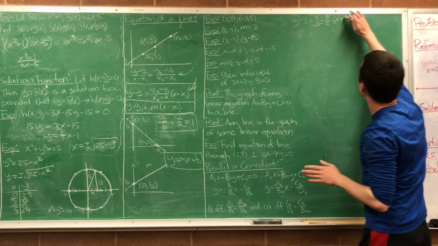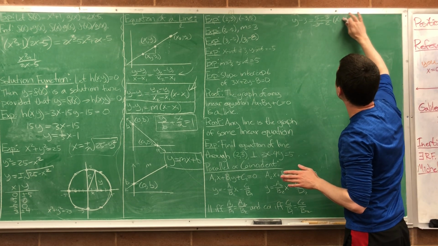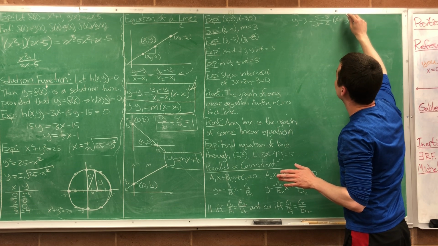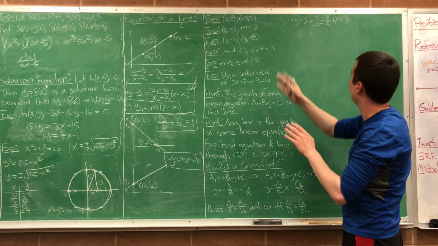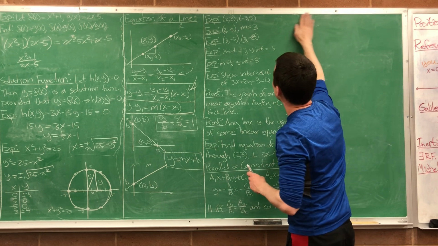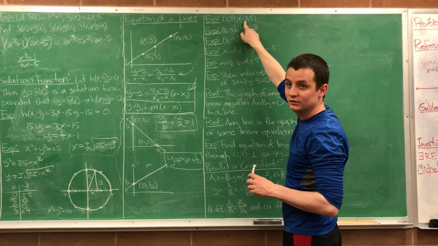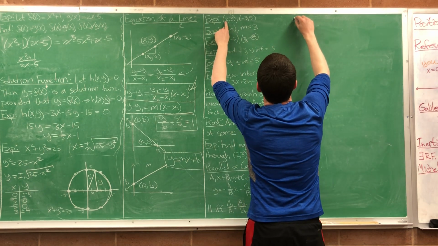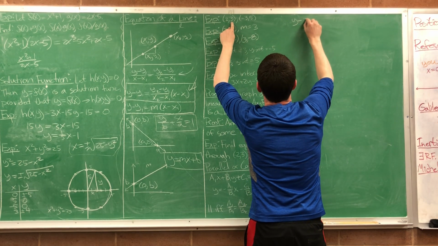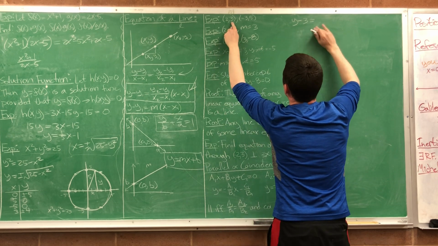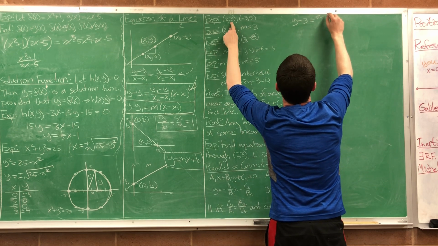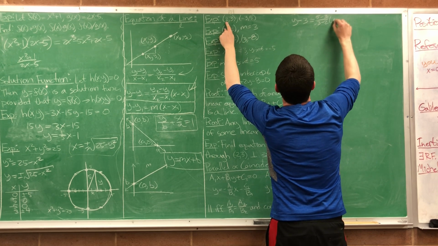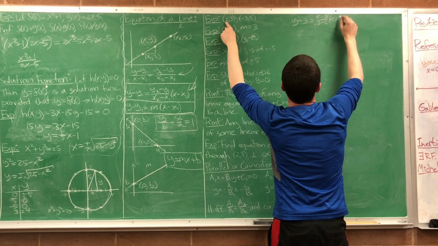Yeah, this one is supposed to be minus 3. I switched which point I called which. Restart. This is my 1, this is my 2, right? Yes. So I should have y minus y1, which is 3, is equal to (y2 minus y1) over (x2 minus x1) times (x minus x1).